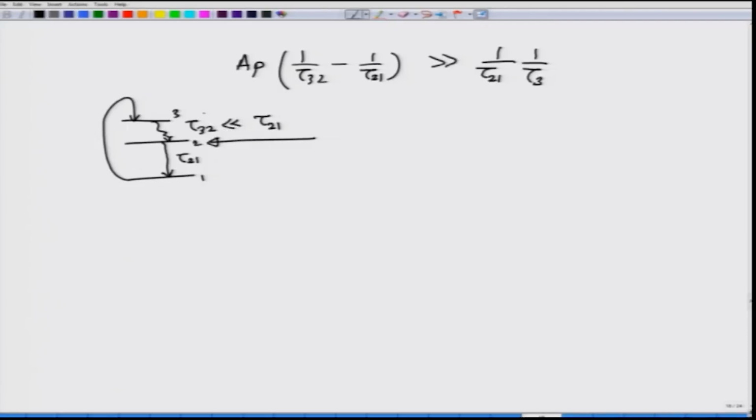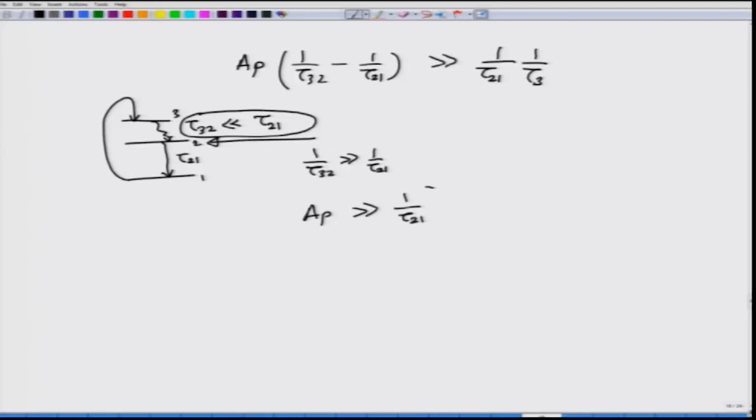Because tau 32 is much smaller compared to tau 21, 1/tau 32 will be much larger than 1/tau 21. So, you have AP being much larger than 1/tau 21, because 1/tau 32, oh sorry, this is 1/tau 3, but anyway this can be approximated and cancelled out.